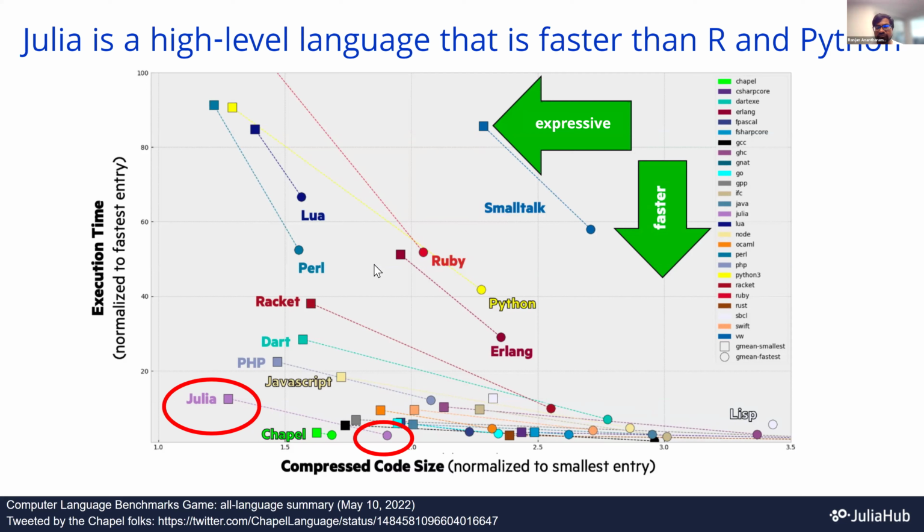And if you look at this particular chart here, you'll see Julia is on the bottom left, which means more expressive and as fast. This chart does not come from us. This comes from the folks at Chapel, so these are not our tests either.